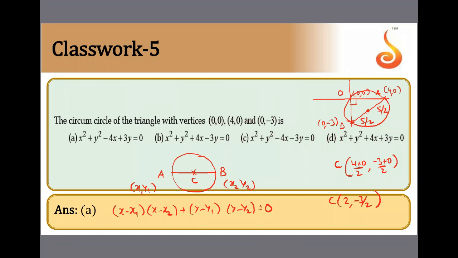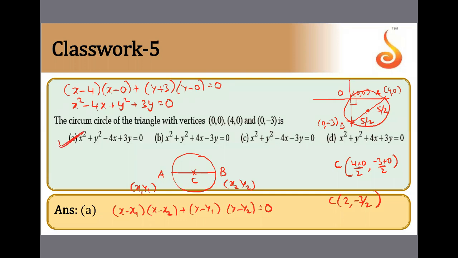We can apply the same thing here. So what we get? x minus 4 into x minus 0 plus y plus 3 into y minus 0 equal to 0. We get x square minus 4x plus y square plus 3y is equal to 0. So option A is correct.